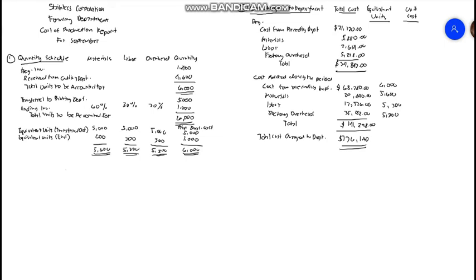If we divide the total cost by the equivalent units, we get the unit cost for the cost from preceding department of $14.19. Then materials is 20,000 divided by 5,600, that's 4.70, then 3.80, and 7.60. So the total of these is $31.